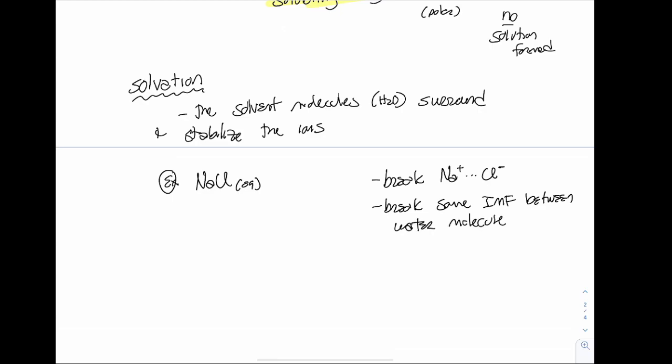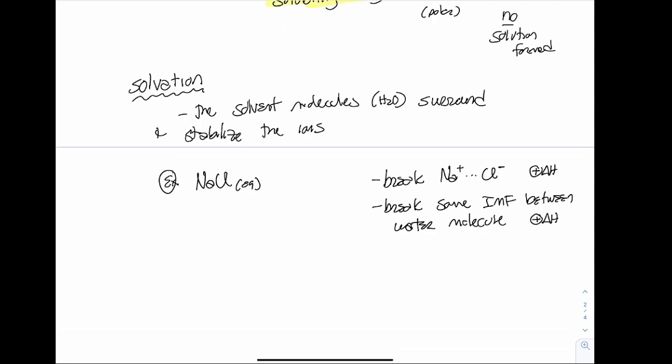And both of those changes are actually going to take energy. This is going to have a positive enthalpy change, and this is also going to have a positive enthalpy change, right? Anytime I break a bond, we have to put energy into doing that. So whether it's an ionic bond, a covalent bond, or intermolecular forces, if we're going to break that connection, it is going to take energy.